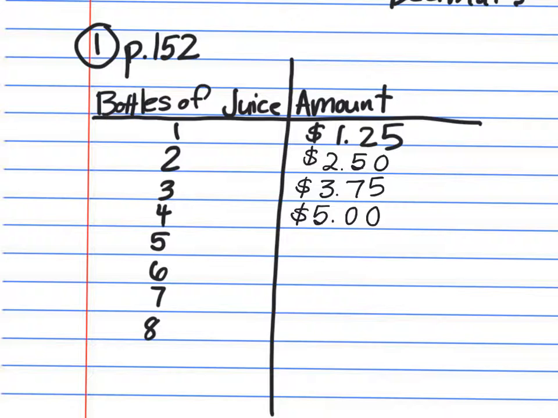Okay, and then you're going to be completing the chart. So kind of just showing you what you're expected to do right here. Okay, and then for problem 2, go ahead and get that a circle. That's going to be the total cost.